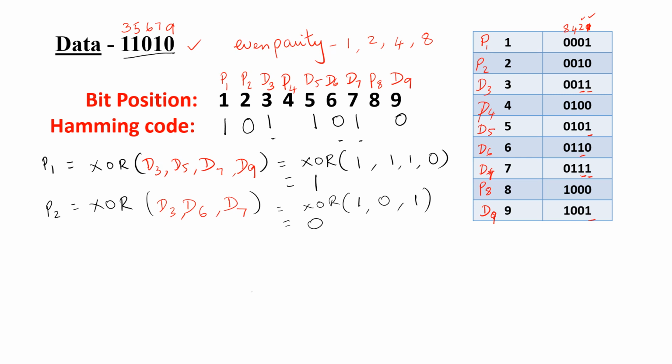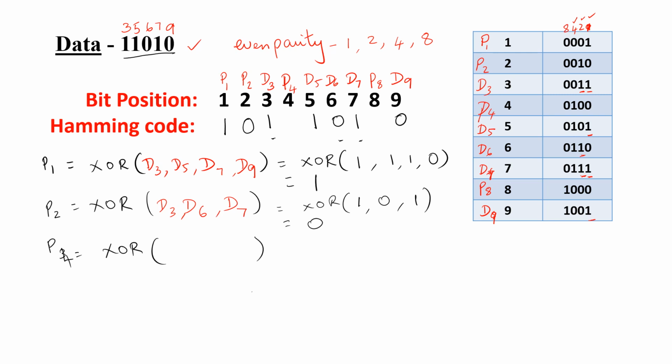Then P3, sorry, P4. XOR of, we have to check the fourth positional weight, that is this one. Here the third bit should be 1.